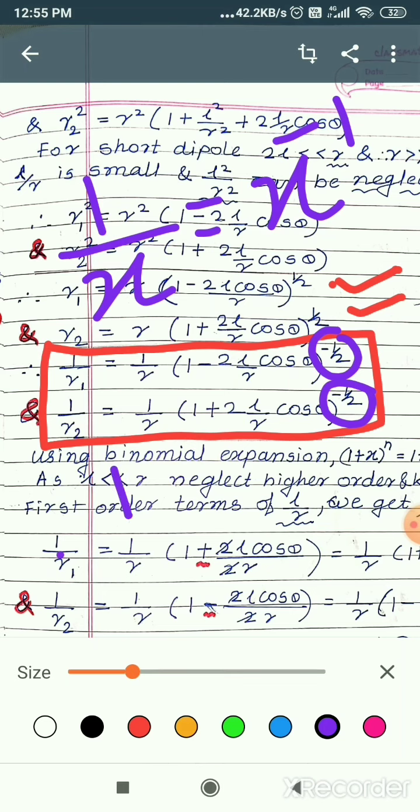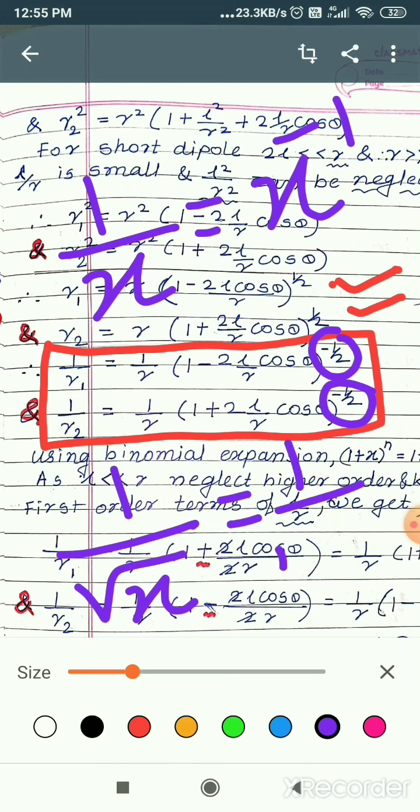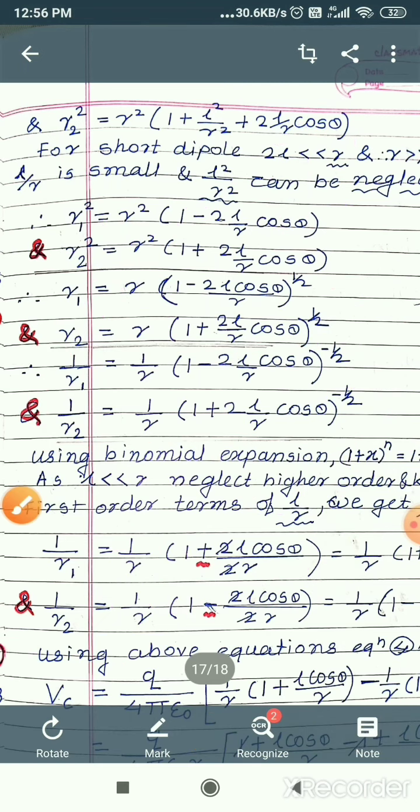Similarly, 1 upon square root of x becomes 1 upon x raised to 1/2, which is nothing but x raised to minus 1/2. And therefore, we are writing here minus 1/2. Okay, got it? Now, what is my next step?